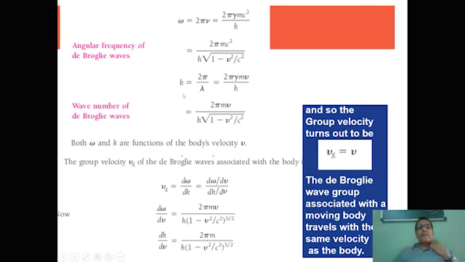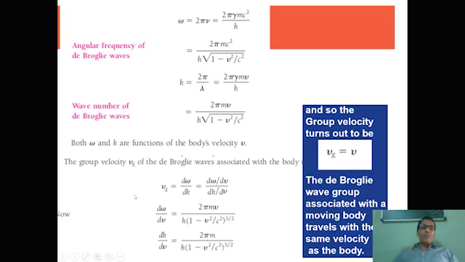And k can be written as 2 pi by lambda, that is 2 pi mv by h. Here gamma is the relativistic term, 1 upon root of 1 minus v square by c square. So k and omega can be written like this.